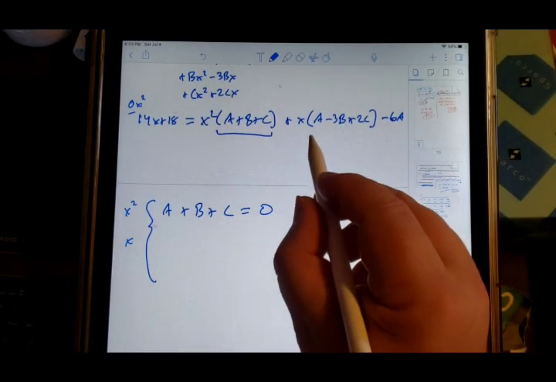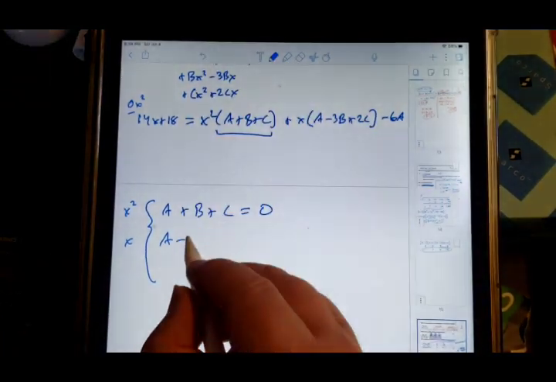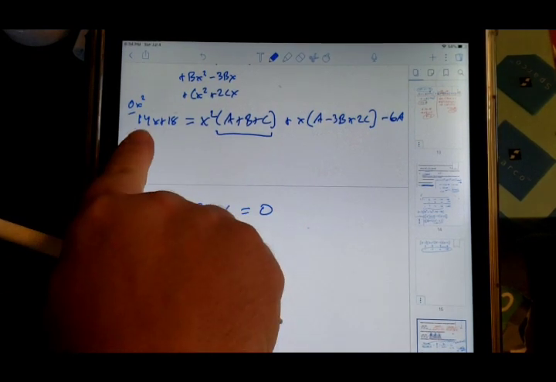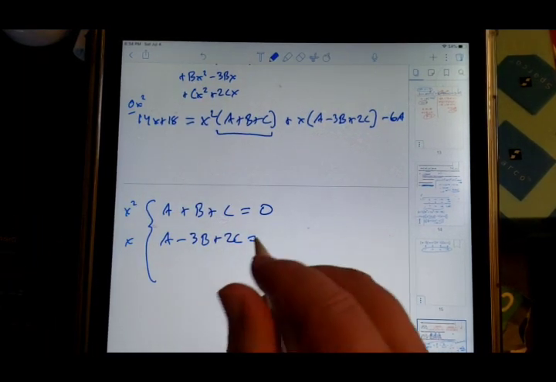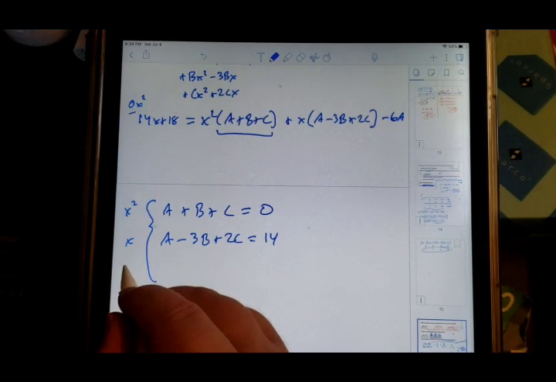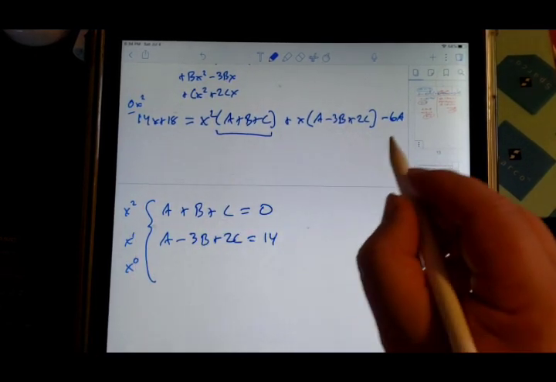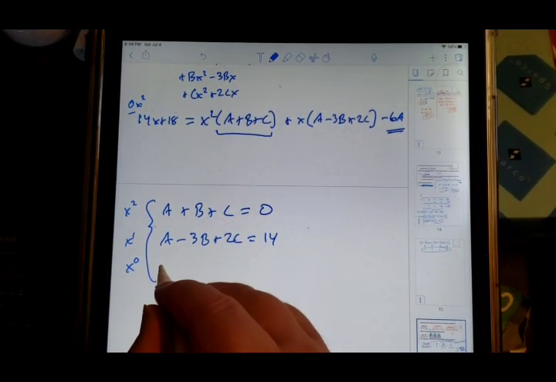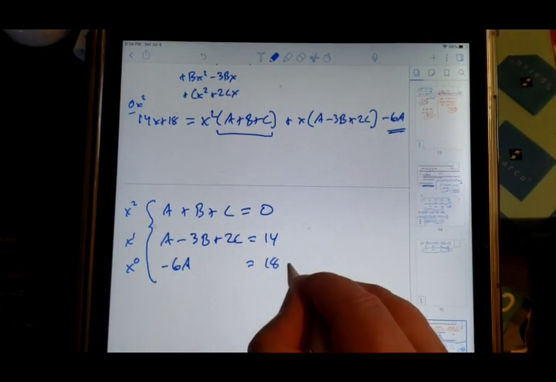The x coefficients are going to be a minus 3b plus 2c is equal to this 14 right here, because that's the coefficient of x on the left-hand side. And this is very nice. The x to the 0, meaning degree 0, on the right it's minus 6a, and on the left it's 18.